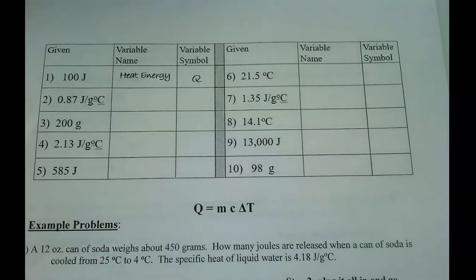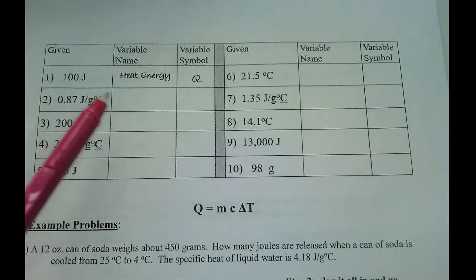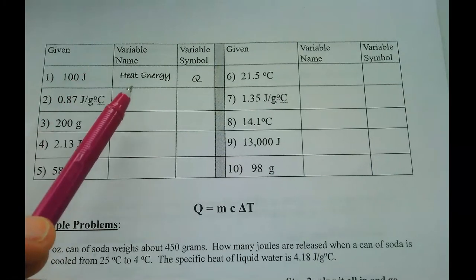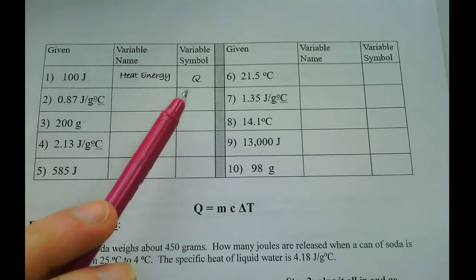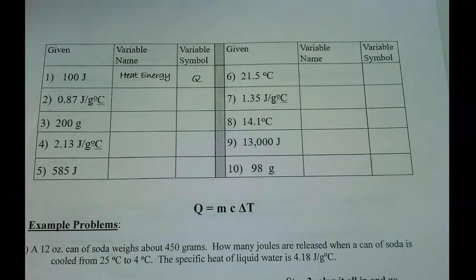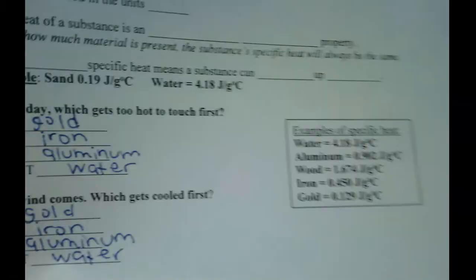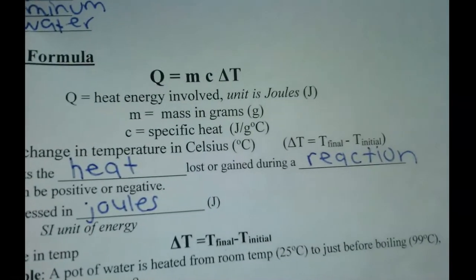All right, on the next page, you're going to see a chart that's just trying to get you familiar with identifying your variables. The first one says, we did this one for you, 100 joules. That variable's name is heat energy, and our symbol is Q. The page before may be helpful for this section.